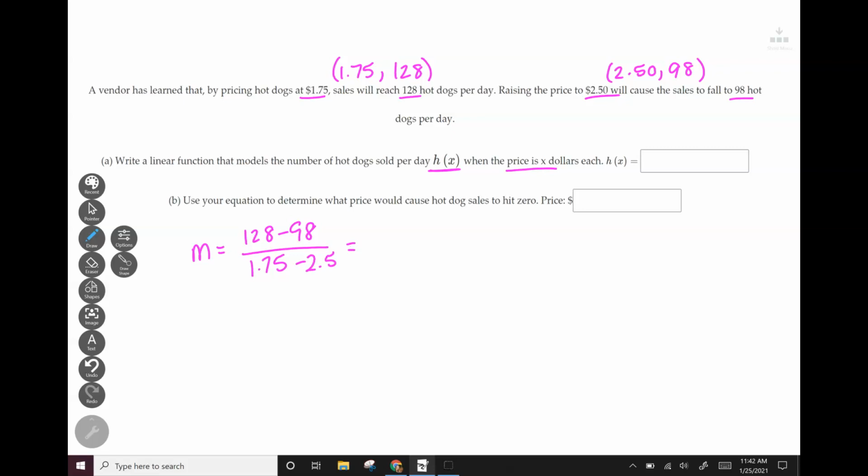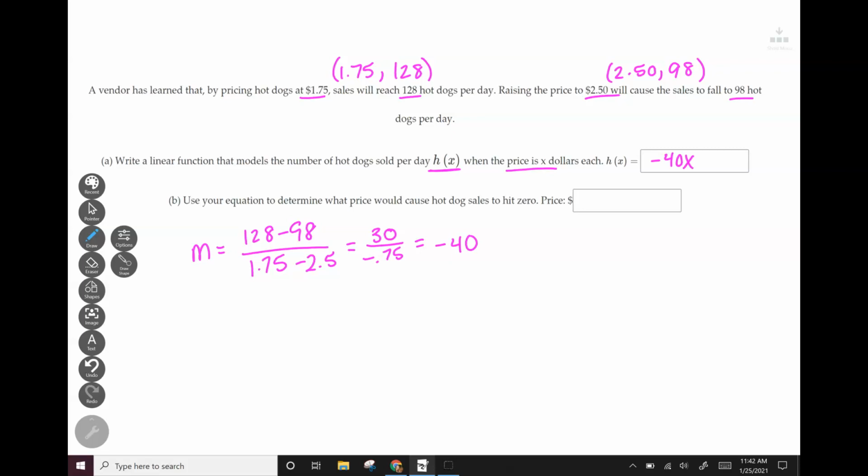I'll type that in the calculator. Negative 40. So my slope is negative 40. We're asked for the function, not just the slope. So I have negative 40x, and then I need to find my y-intercept.